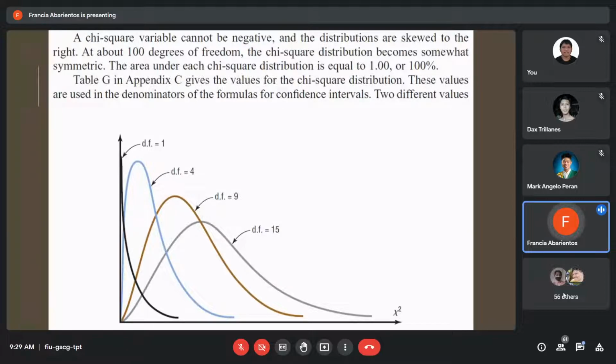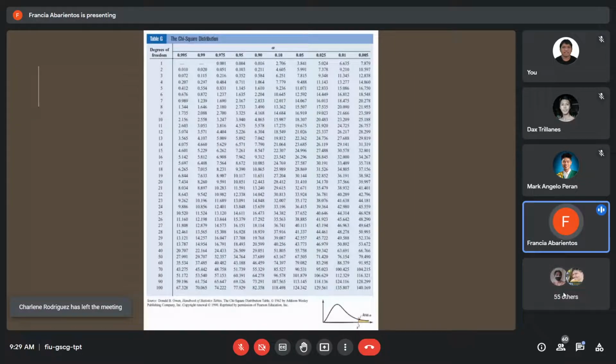While here in the chi-square, meron talaga tayong angulo dito sa left side. Okay? So, dun class pag-iiba-iba depending upon the given degree of values. Okay? So, this is now your distribution in chi-square.